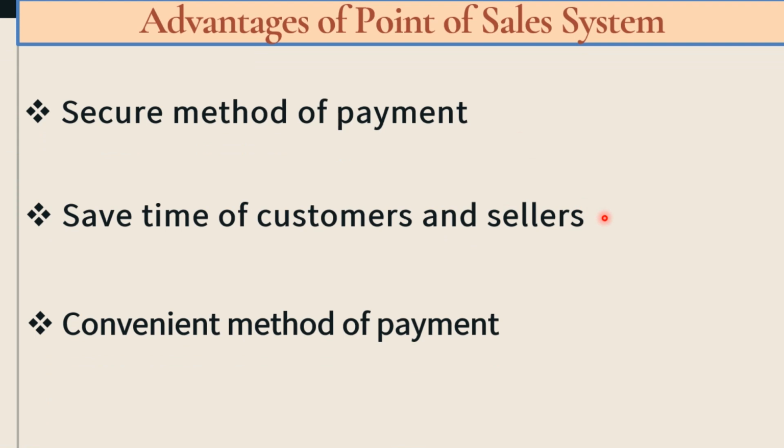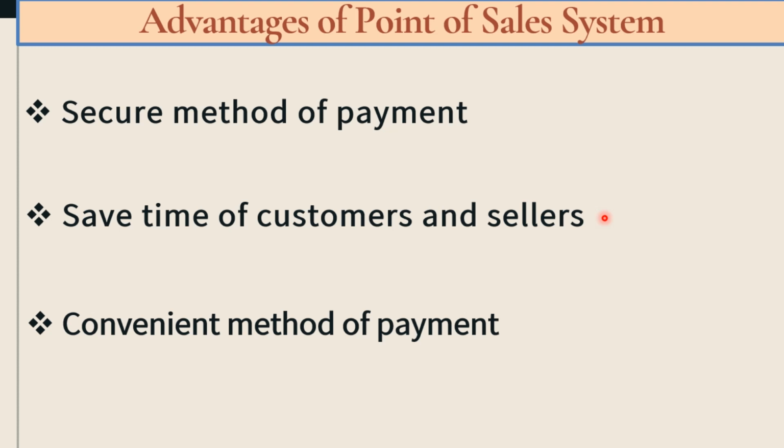The next is saving the time of customers and the time of sellers as well. When the customer purchases commodities, each and every commodity has a barcode sticker or some other type of code written on it, and with that barcoding system, the point of sale device reads all the barcodes and prepares the bill without the help of a calculator or any manual entries.